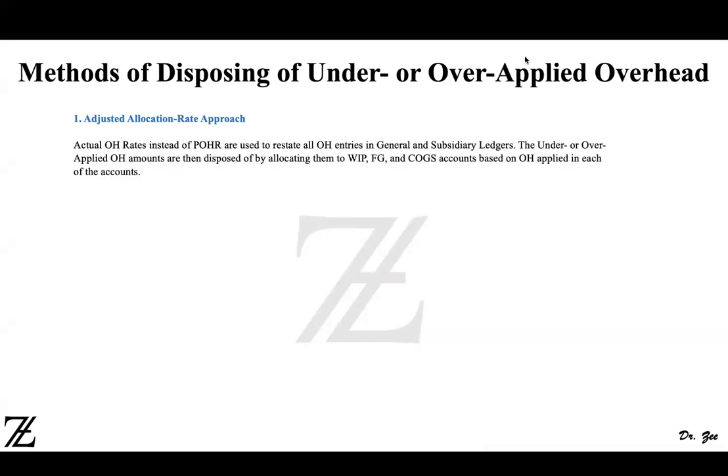In the adjusted allocation rate approach, at the end of the period, when we have the actual information available, we calculate the actual overhead rate using that information. And we use that instead of the predetermined overhead rate that we calculated at the beginning of the period. We use the actual rate to restate all the overhead entries in the general ledger and subsidiary ledger, right?